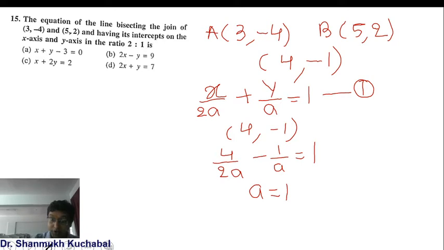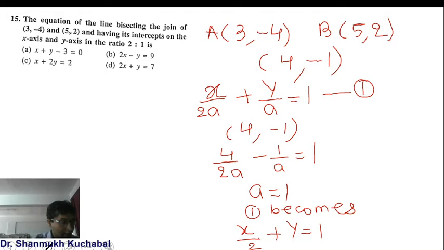Then we substitute this value of a in equation 1, and equation 1 becomes x by 2 plus y by 1 equal to 1. Multiplying throughout by 2, the resulting equation is x plus 2y equal to 2.